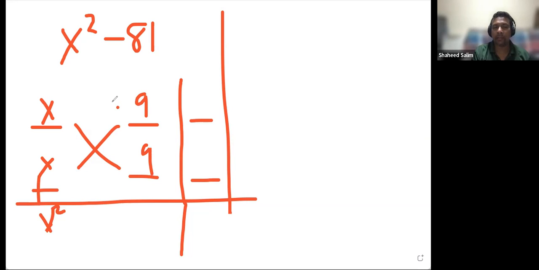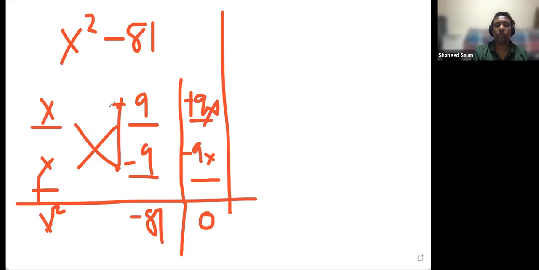One has to be plus, one has to be minus, so you get negative 81. So they have positive 9x here, negative 9x here. Positive 9x minus negative 9x, 0. So this one is x plus 9, x minus 9. That's your factorized version.